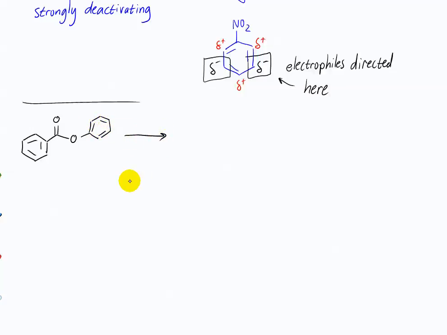If you were to take this molecule and brominate it, what would you get?